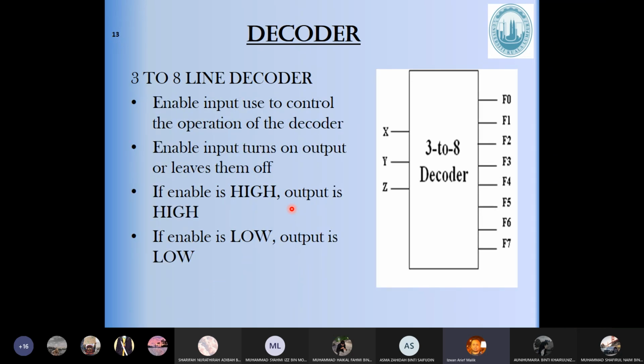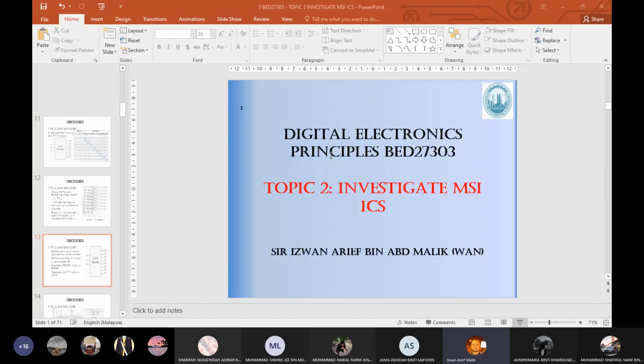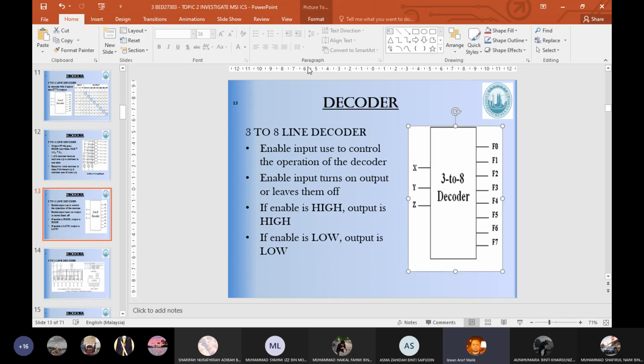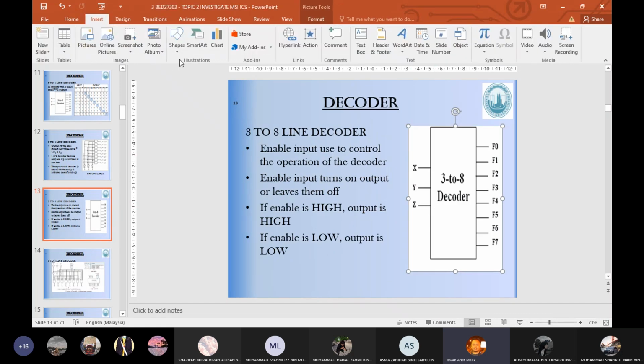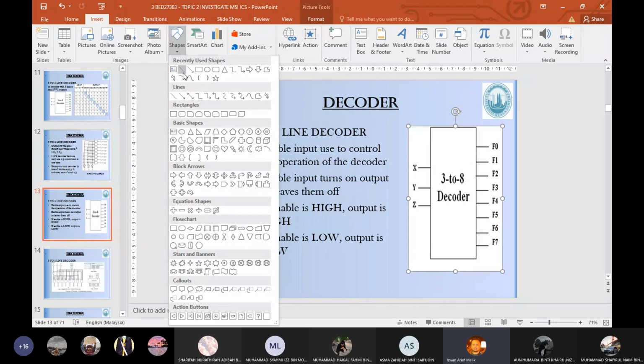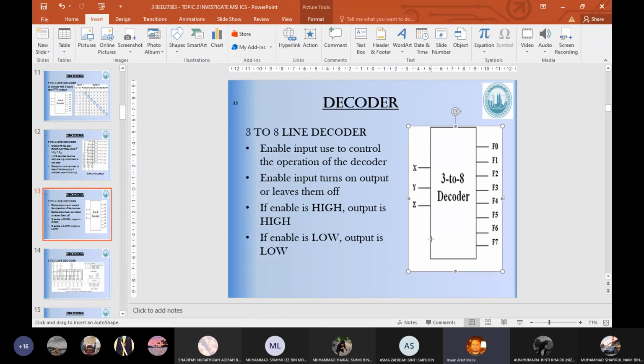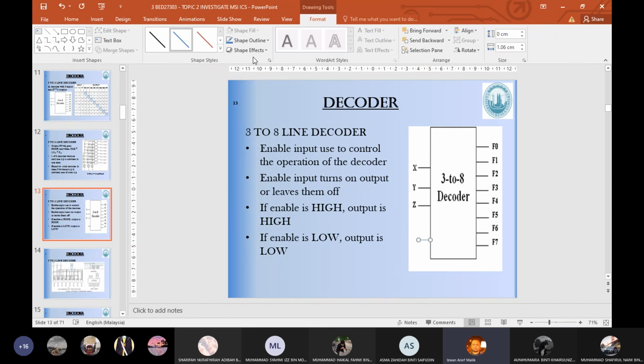Okay, let's say you have a 3 to 8 line decoder with enable input. Okay, so this diagram is basically what I added, so you please add it to your diagram.